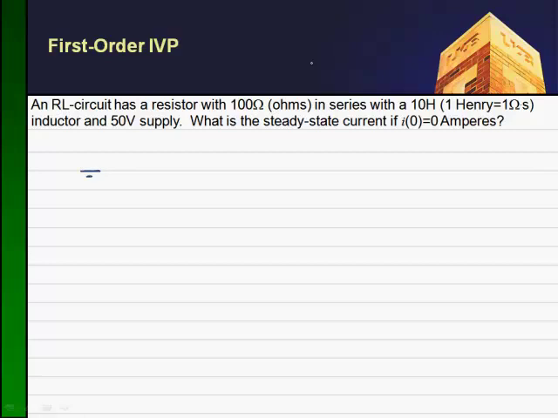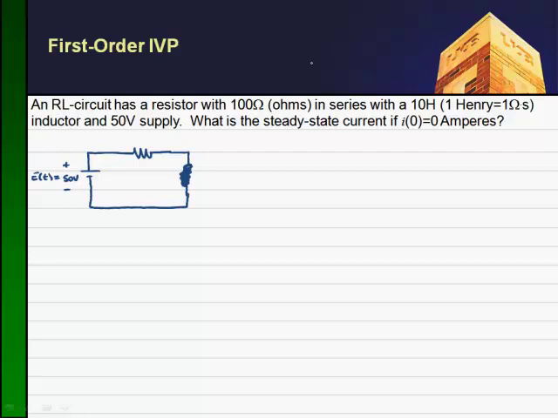So let's start off with our source. In this case, our E of t is a constant 50 volts, with the high side and the low side here. Let's say we go into some resistor, and ultimately just a coil, some inductor.